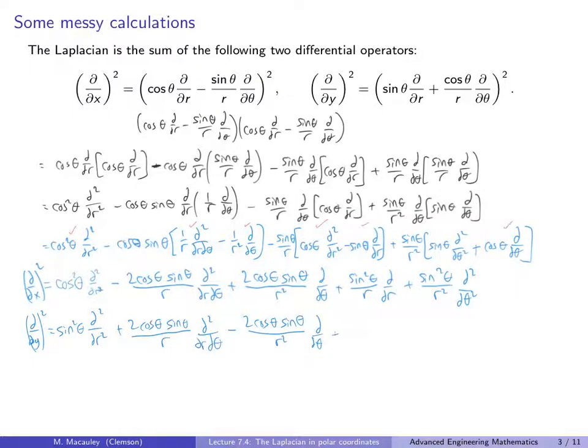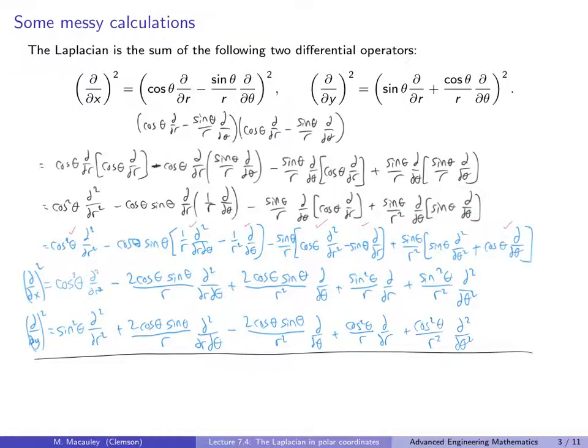And then instead of a sine squared here, you get a cosine. I'm lining these up vertically so you can compare them. So you get a cosine squared of theta over r times d dr. And then you get a cosine squared of theta over r squared times d squared d theta squared. So if you add these things up, what is going to cancel?